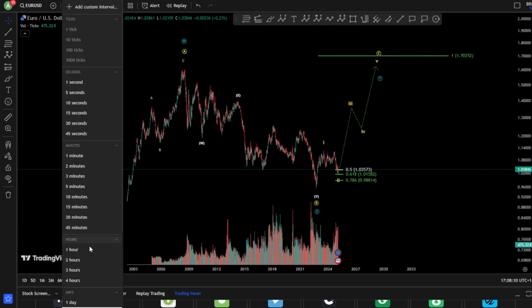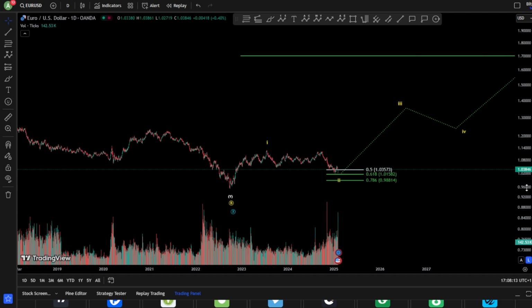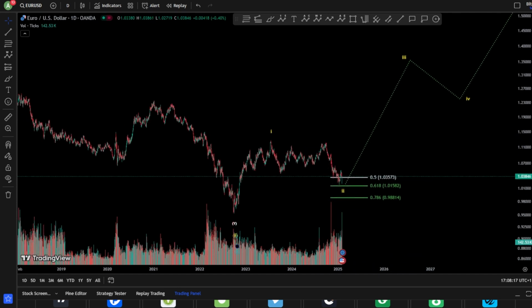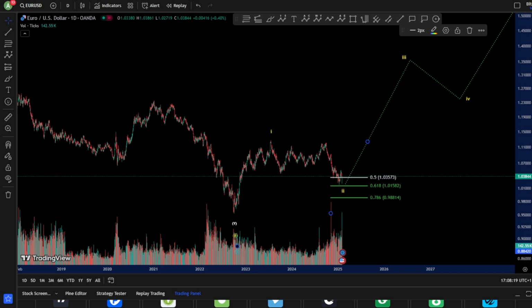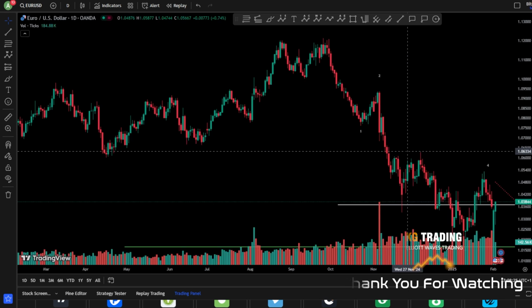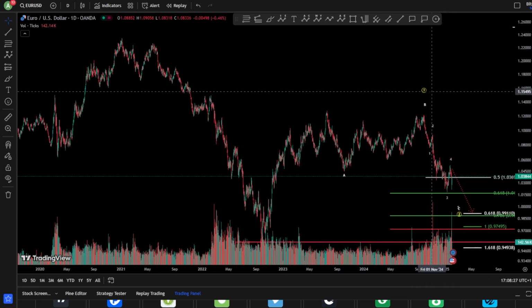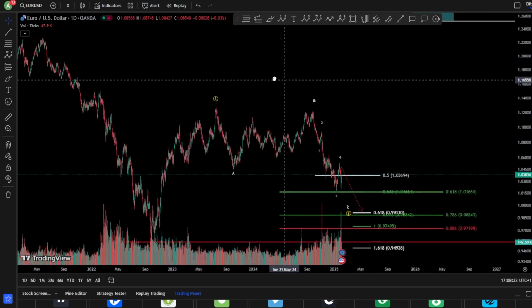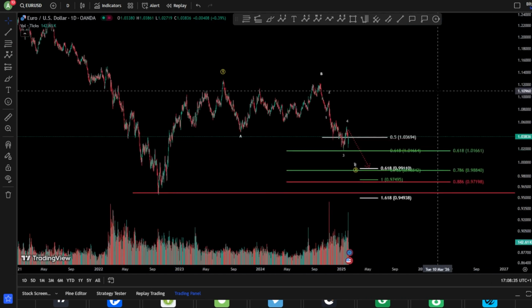If we move to the daily to see much more insights. As you can see in the euro, after this combination of scenarios between ABC and WXY, we have here a much closer view of what might happen for the euro. In this scenario, you are looking at your wave 1 actually here. I don't know why it has been dragged.